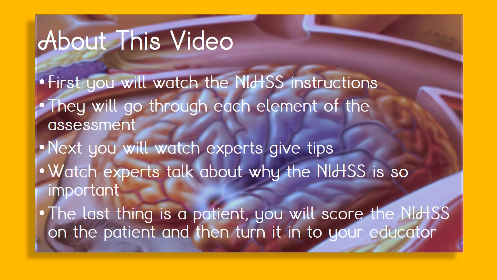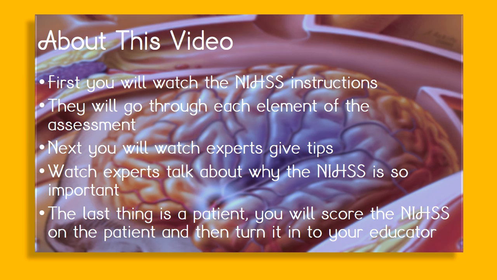In this video, we will watch the instructions for the NIH stroke scale. They're going to go through each element of the stroke scale in depth and cover what normal is, what abnormal is, and they actually will demonstrate patients that are abnormal.